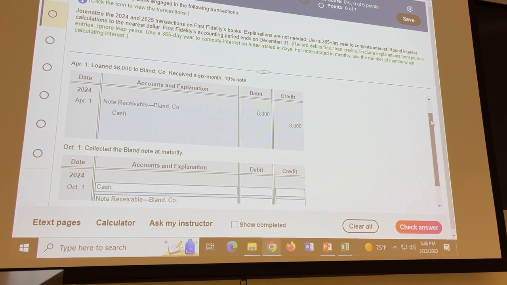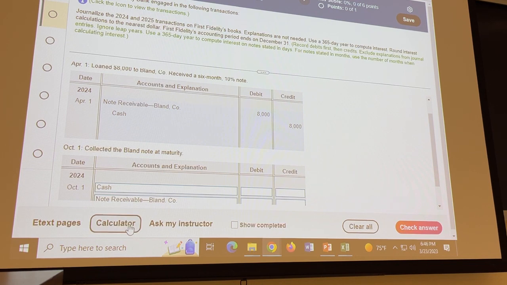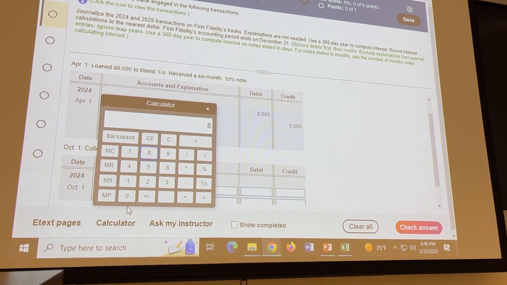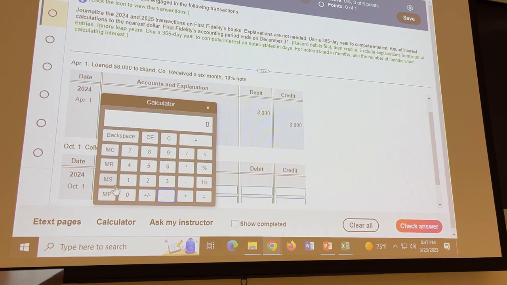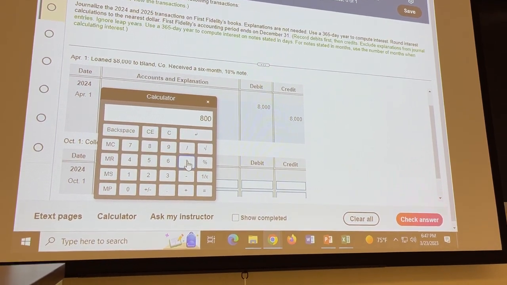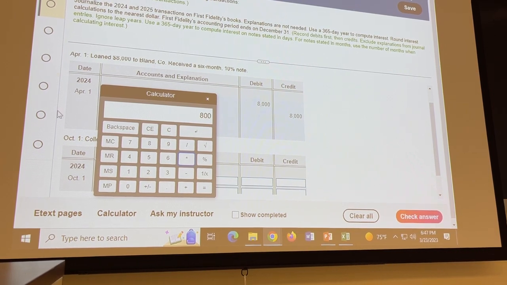So we could just use the on-screen calculator here. So $8,000 times 10% times 6/12.